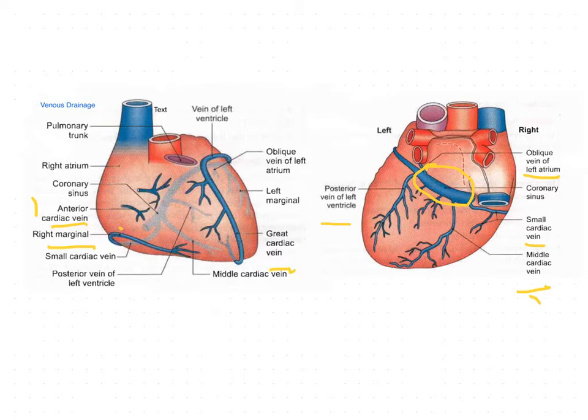Okay, now we are going to see this coronary sinus. This is the largest vein of the heart. It is situated on the diaphragmatic surface, the posterior aspect, the posterior view of the heart. It is situated in the left posterior coronary sulcus, the coronary groove which is present here, and it is about 3 centimeters long.